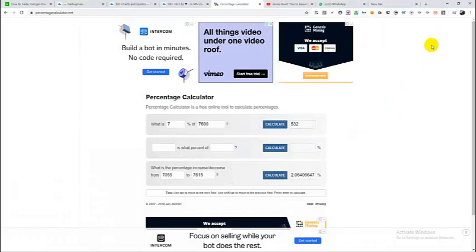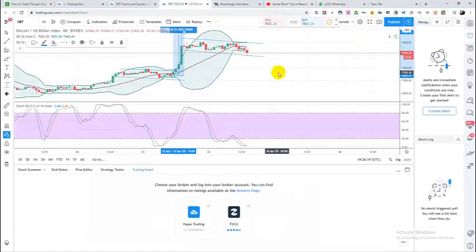That's where I'm expected to take profit. Remember, I just took 7%. Some people are expecting this to reach 8,500 or thereabouts. So if this works out for me, that's where I'm hoping to take profit.